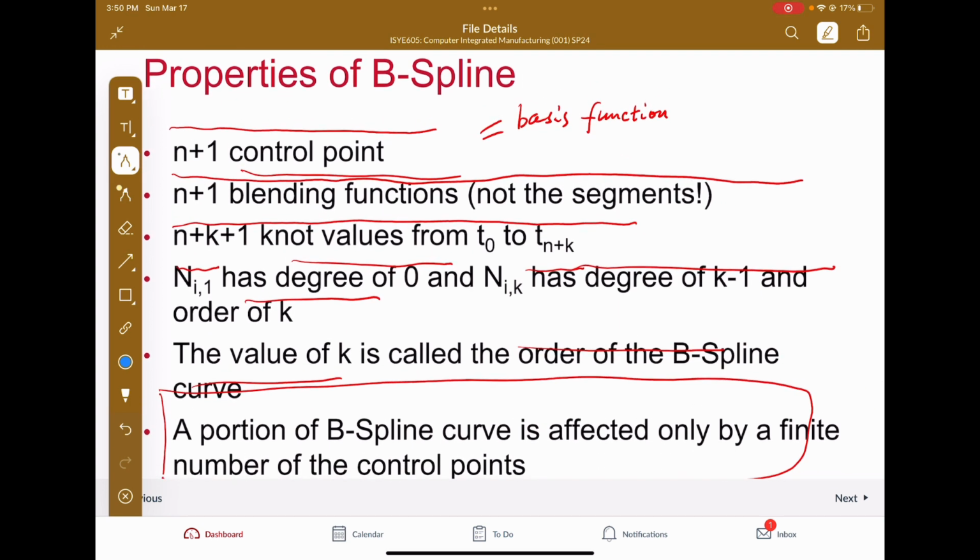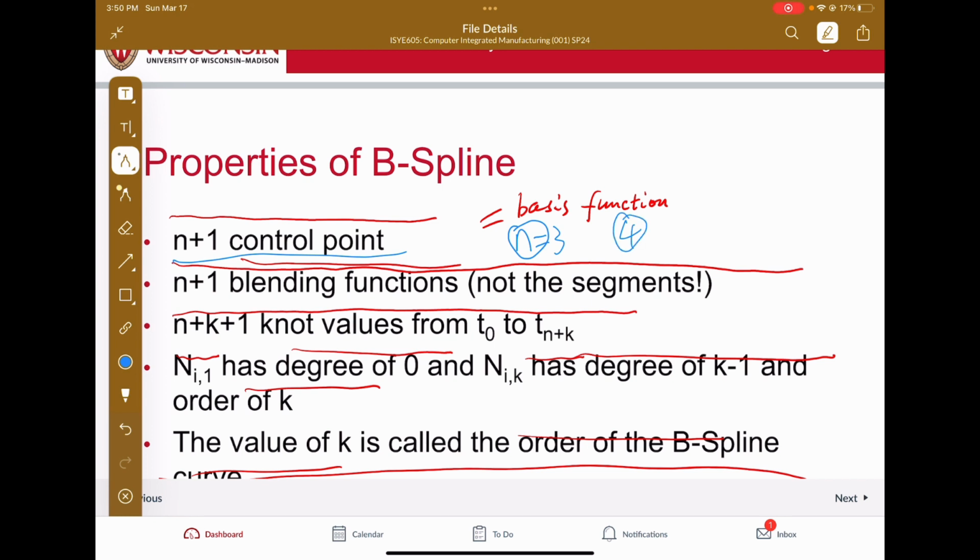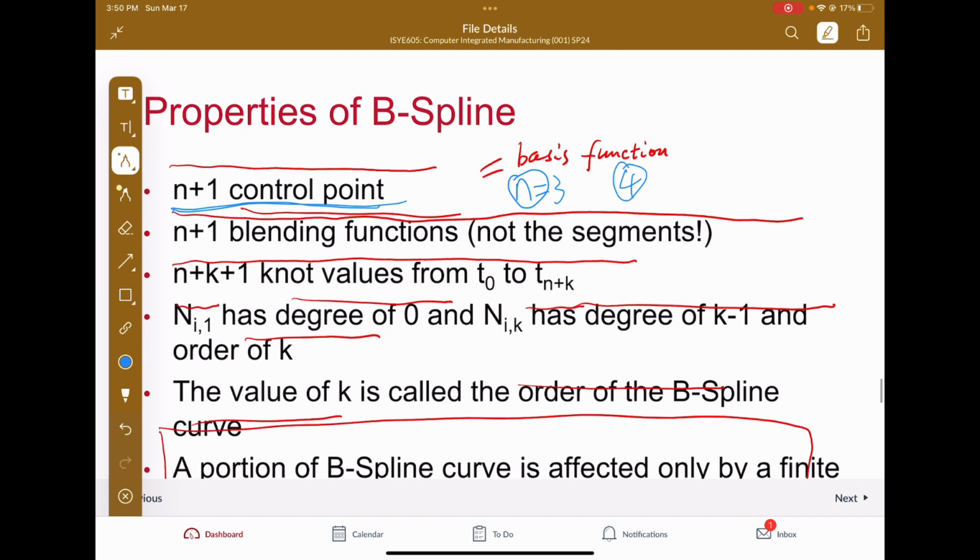We know, right? In the cases we talk about, we have n, which is the order, and n plus 1 will be the control points. So n equal to 3, we have 4 control points, right? So n plus 1 will be the number of control points. And however many control points we have, we will have that many components in the equation, with i equal to 0 to n, P_i times something.